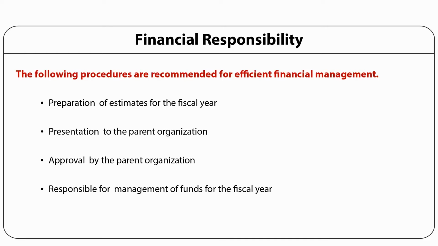And when presentation to the parent organization is made, it should be based on facts and figures and with proper support material. Approval by the parent organization is a very big requirement in order to carry out the financial responsibility in a proper manner. Because when work is done in a proper manner, the parent organization will definitely approve of the estimates which have been prepared.